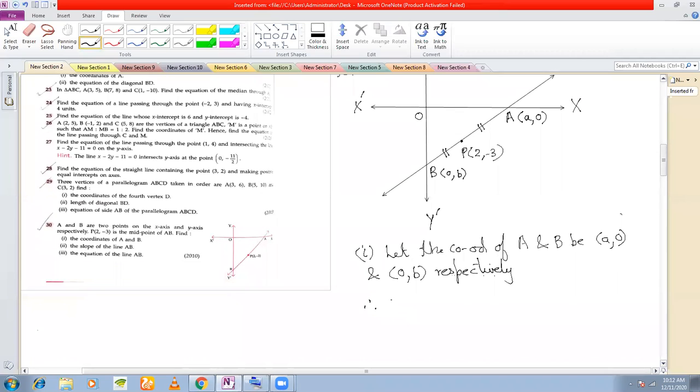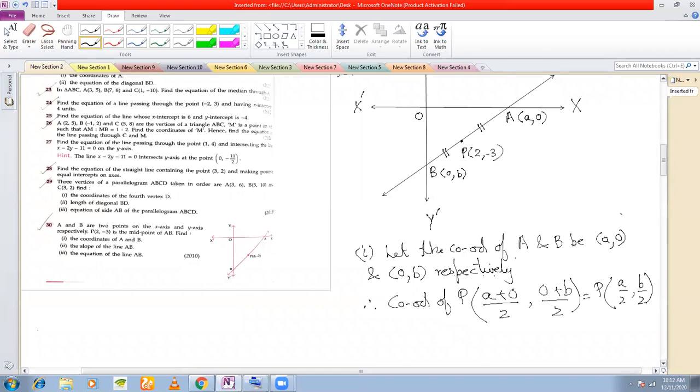what is the midpoint of AB? Therefore, coordinate of P. If 2 points are given, what should be the coordinates of P? You add up the x coordinates, a plus 0, and divide it by 2. Add up the y coordinates, and you divide it by 2. So you're getting the coordinate of P as (a/2, b/2).